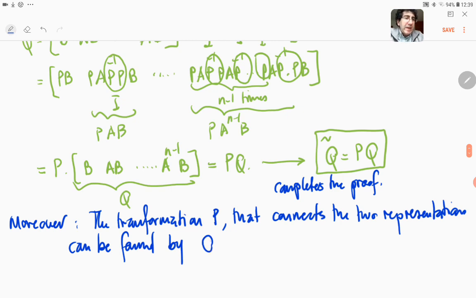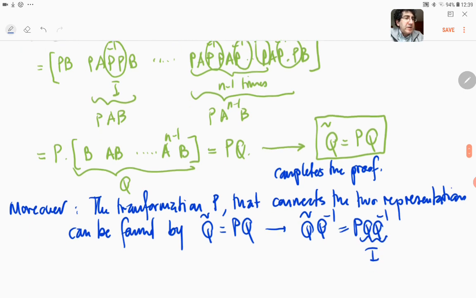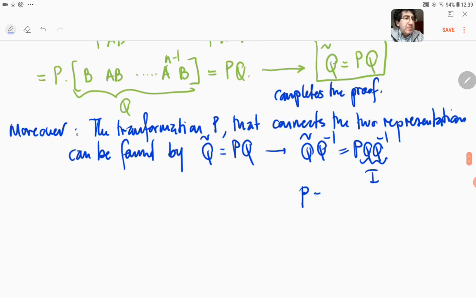So we have Q tilde equals P times Q, and we have Q tilde Q minus 1 equals P Q Q minus 1. This becomes the identity matrix, and this gives us P being equal to Q tilde Q minus 1. So this is the similarity transformation that we are looking for.